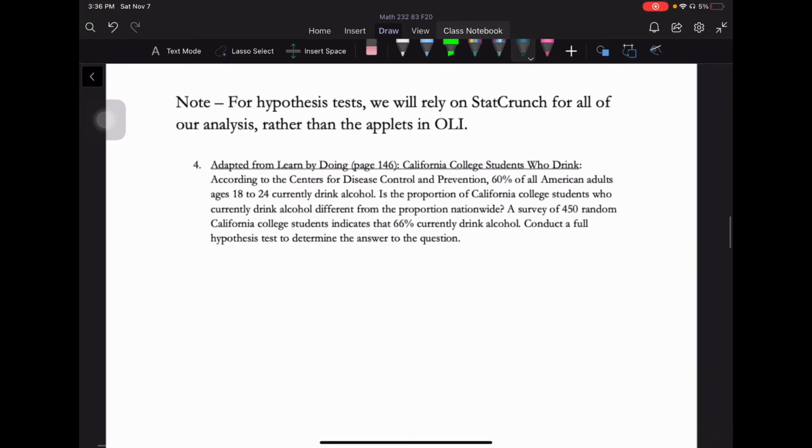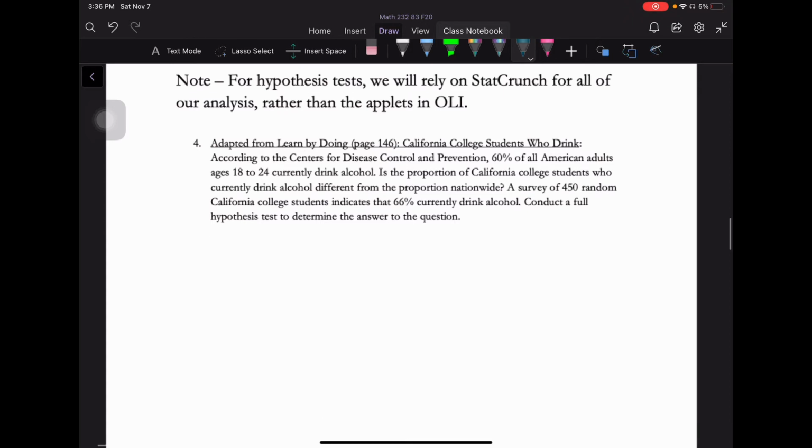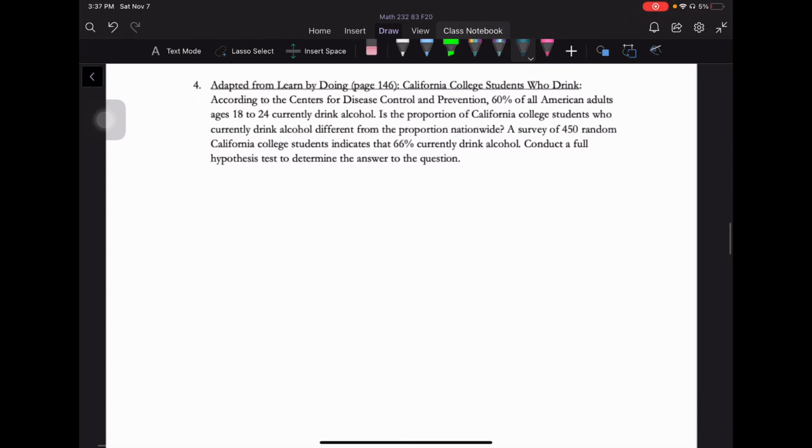We're going to rely on StatCrunch for these calculations rather than the applets and OLI. Now, we are going to conduct our first full hypothesis testing, which means that we're going to state, plan, do, and conclude, and we'll go to StatCrunch to get some calculations as well. In our state, the first thing that we do is we write our hypotheses. According to the CDC, 60% of all Americans ages 18 to 24 currently drink alcohol.